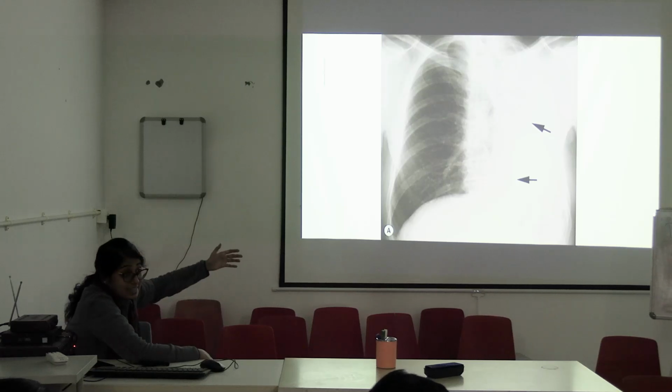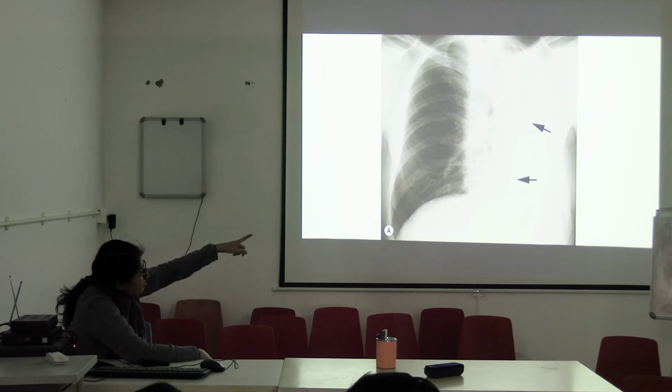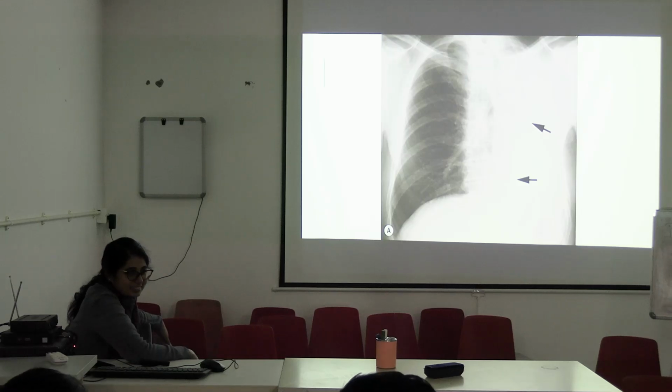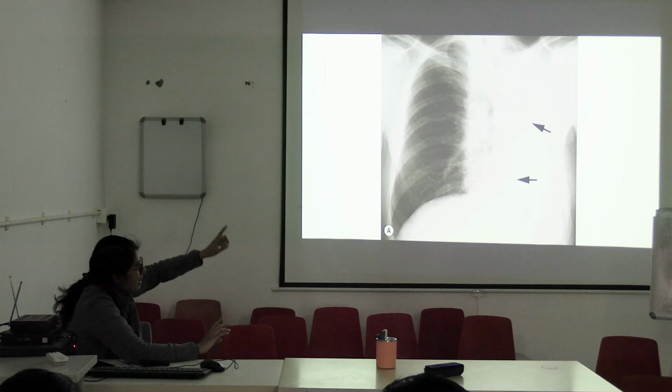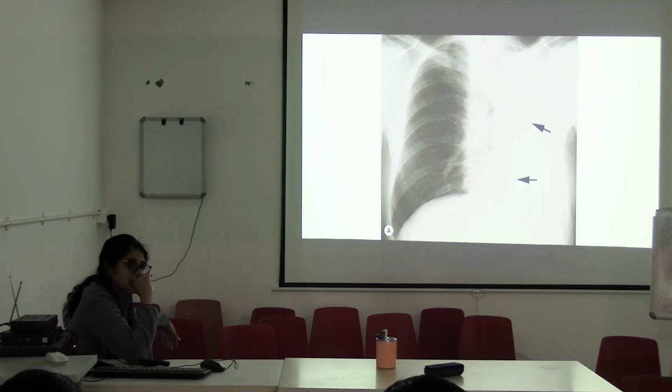Is there any shift of the heart? Yes. The portion of the heart that you normally see on the right, can you see anything there? The whole of it has gone to the left. So there is total mediastinal shift: the trachea as well as the heart. Understood?